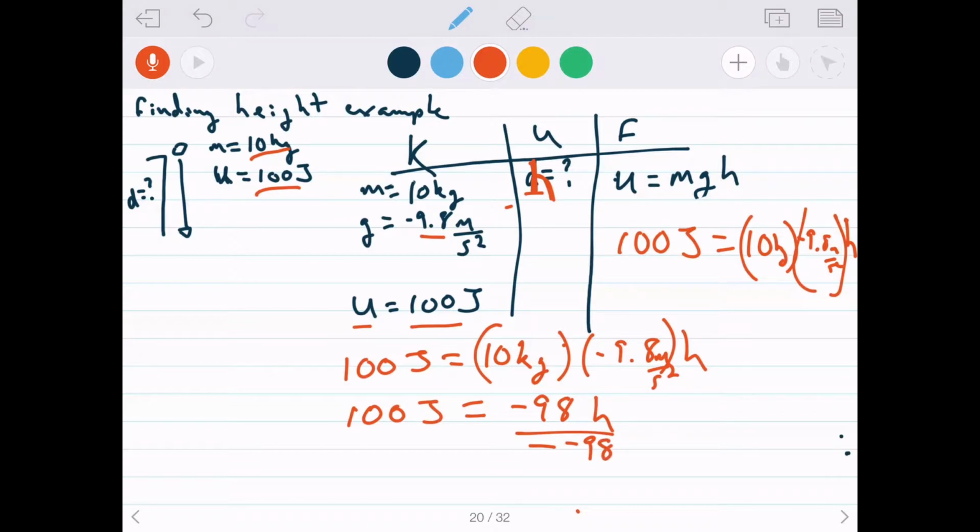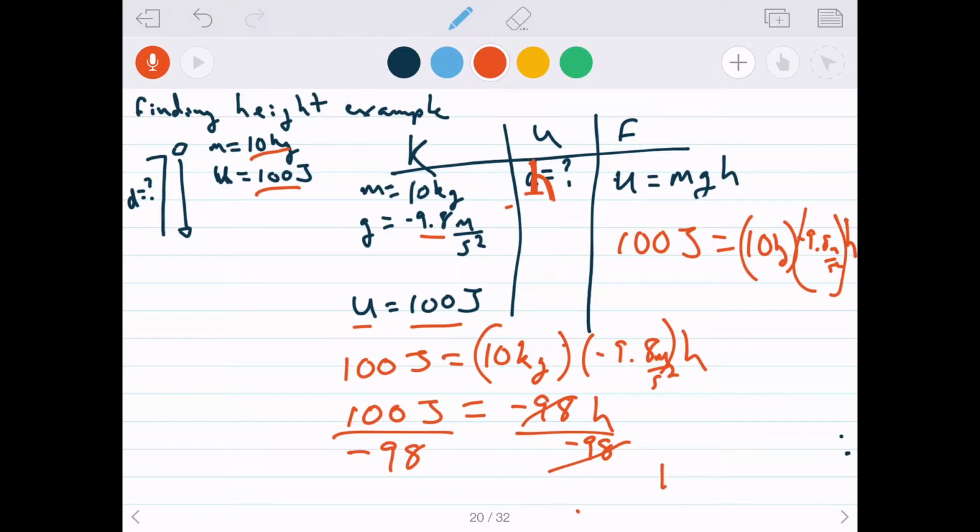I don't know where that extra negative came from. I'm trying to write fast, I guess. But we do that on both sides, 98 and 98. We divide that, and 100 divided by 98 will be slightly bigger than 1. So 100 divided by 98 in my calculator equals 1.02.